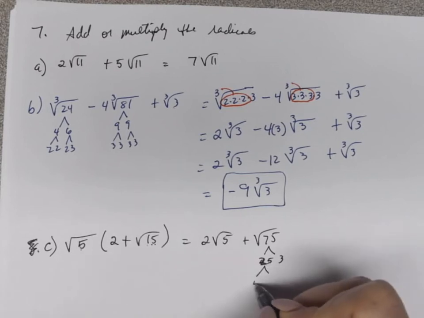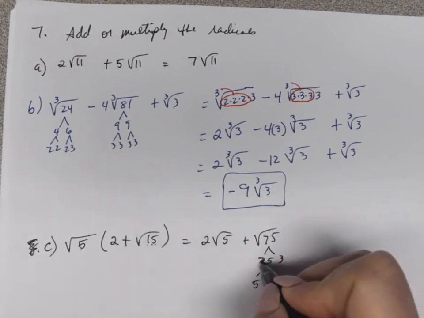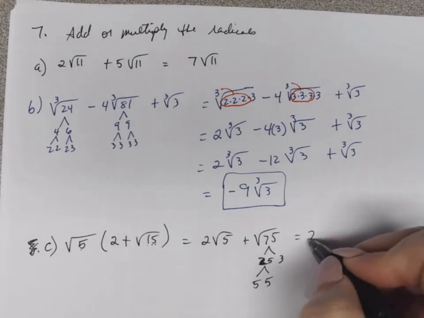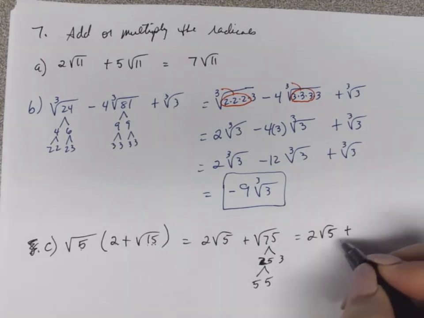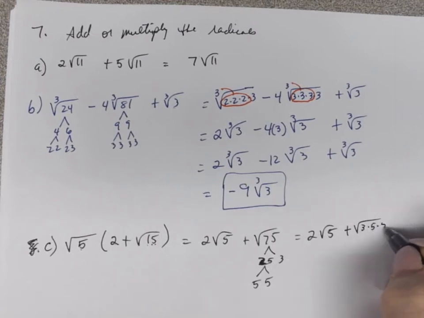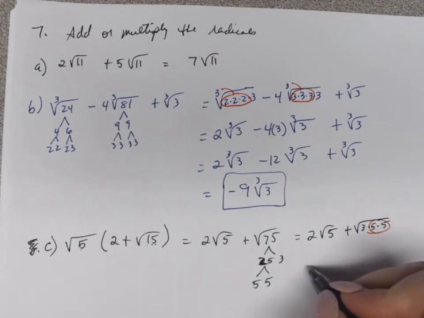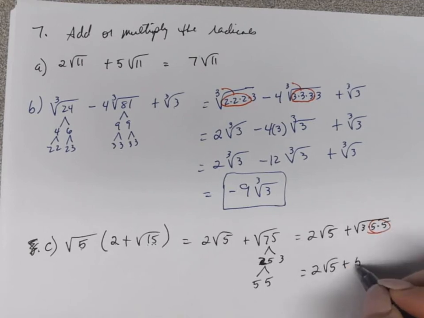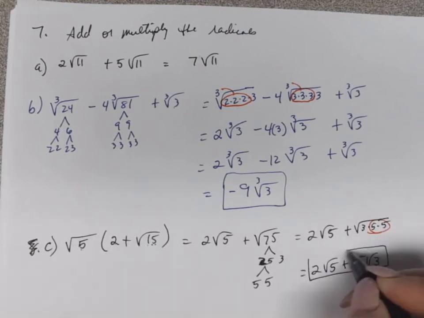And 25 will become 5 and 5. And so here we'll have 2 square roots of 5 plus we'll have 3 times 5 under our radical, looking for a group of 2 of the same. So we'll have 2 square roots of 5 plus 5 square roots of 3. And that would be our final answer right there.